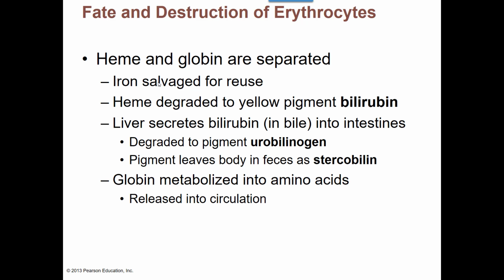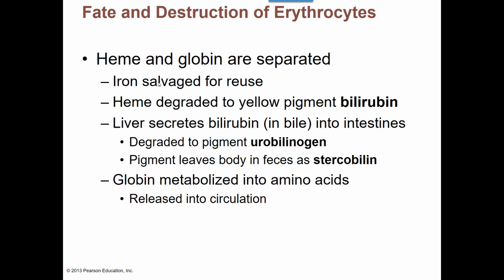So that bilirubin that the liver secretes into the intestine comes from the breakdown of your red blood cells. Now, as that bilirubin goes into the intestines, it gets broken down into a pigment called urobilinogen. And then eventually that leaves as a pigment in your feces known as stercobilin.